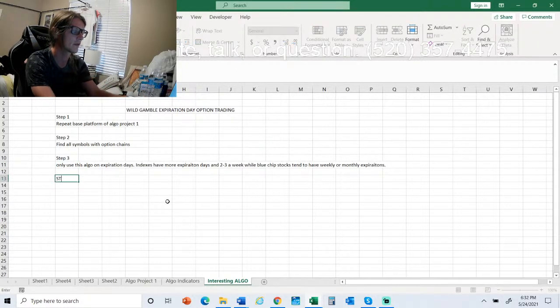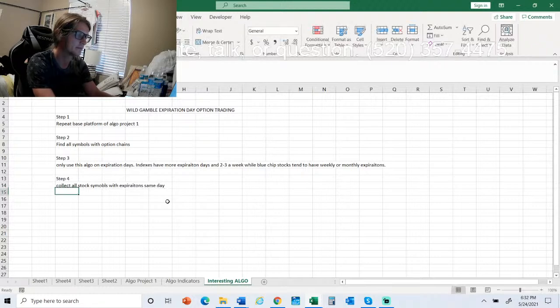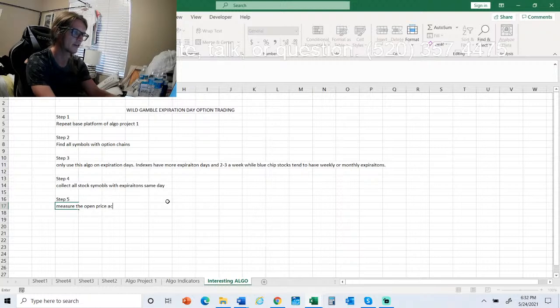Step 4: collect all stock symbols with expirations the same day. Step 5: measure the open price action all the way until the last 5 to 10 minutes before market close.